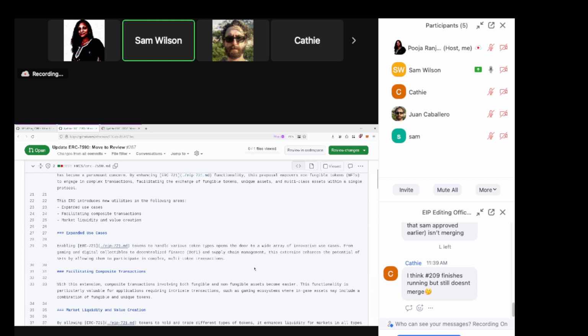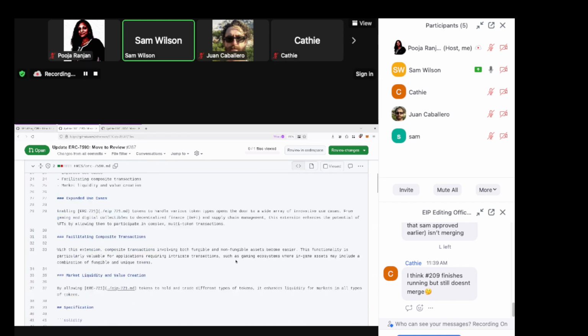From gaming and digital collectibles to decentralized finance, blockchain has potential, and NFTs are allowing them to participate in complex multi-token transactions. Okay, with this extension, composite transactions involving both fungible and non-fungible assets become easier. This functionality is particularly valuable for applications requiring intricate transactions. Yeah, I think that's okay. By allowing users. Yeah, that looks great.